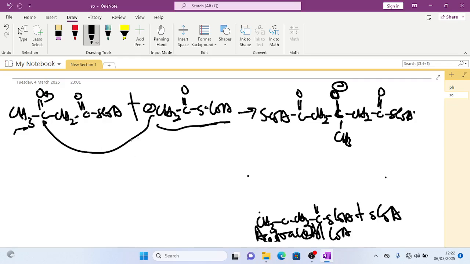So this negatively charged oxygen is going to abstract back the proton that has been taken by the cysteine residue in the thiolase. Actually, we are going to get a compound that looks like this.